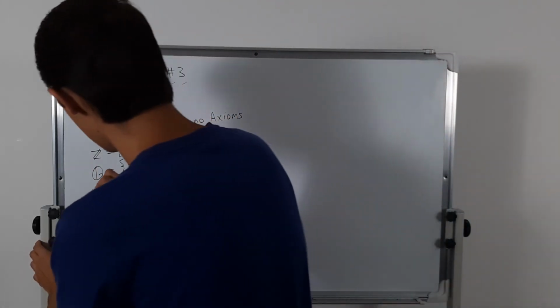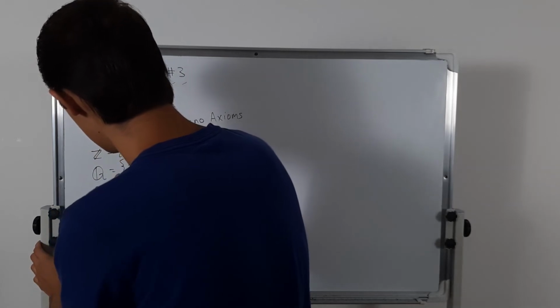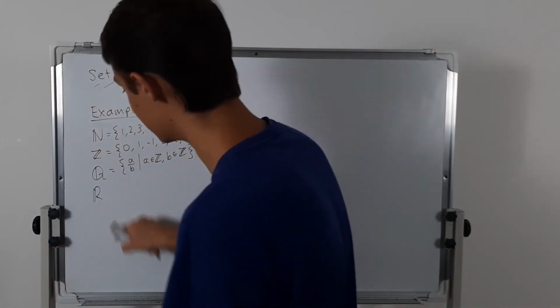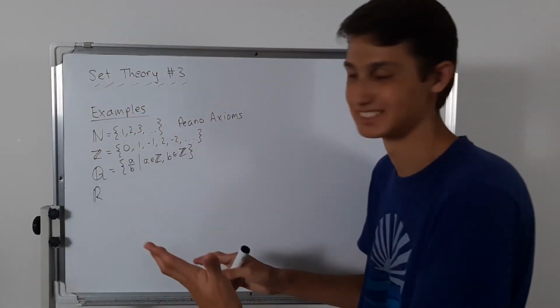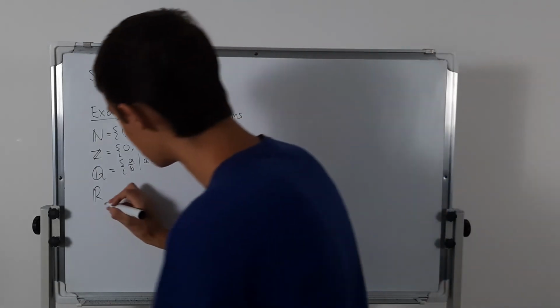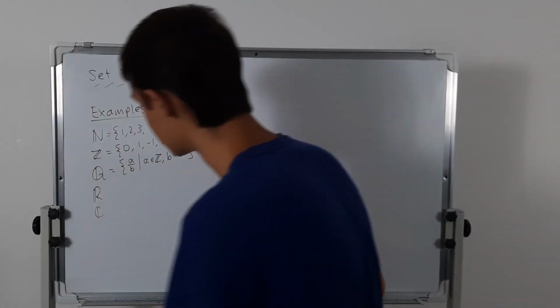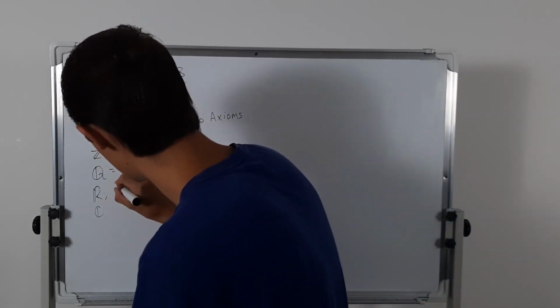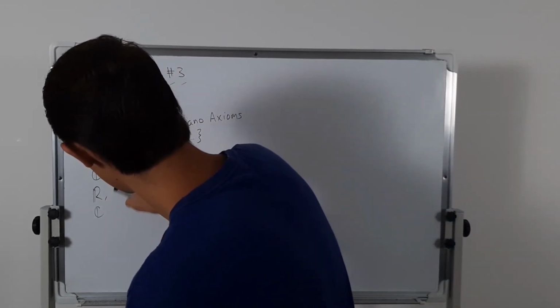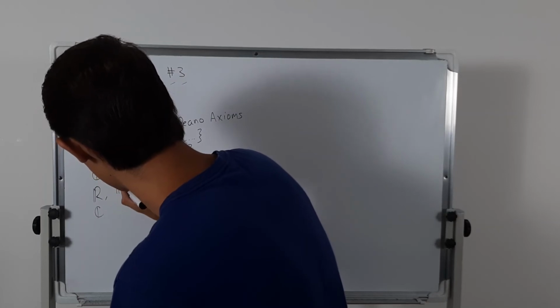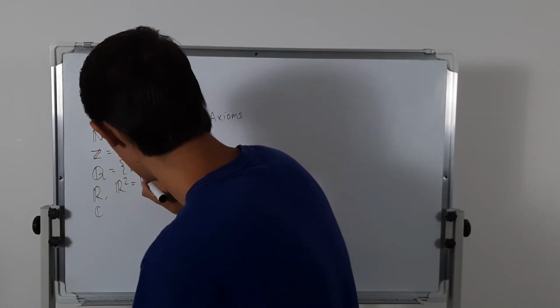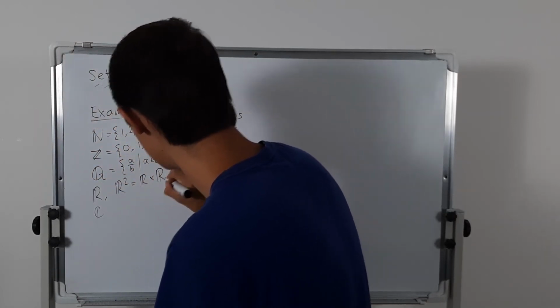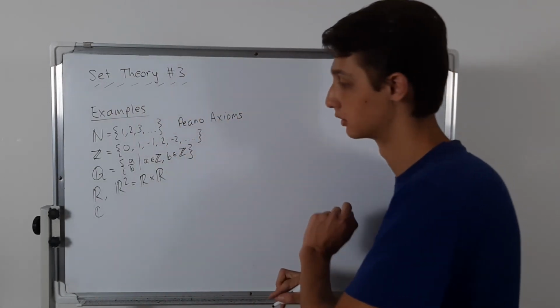And then you have R, the set of real numbers. I don't really have to talk about that much. That's pretty much any number you've dealt with. And then you also have complex numbers, which is C. And then you have stuff like R squared, which is just equal to R times R, which I haven't discussed, but really that just means the two-dimensional real numbers.